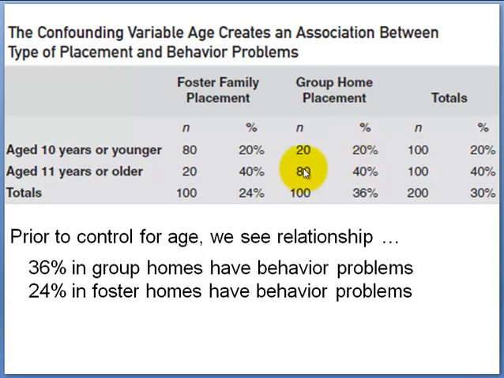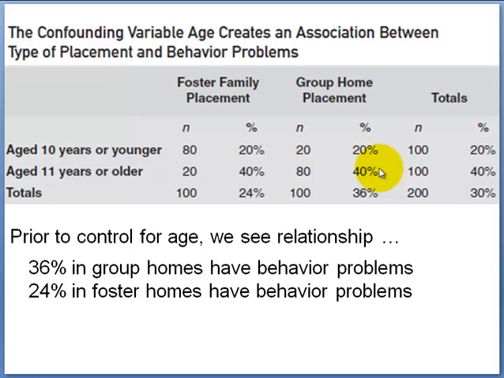On the other hand, look at the group home placement here. Most of the kids are in the older age group, and kids in the older age group are more likely, 40% versus 20%, to have behavior problems. So it's an association of age group with type of placement that's bringing about the relationship that we see.